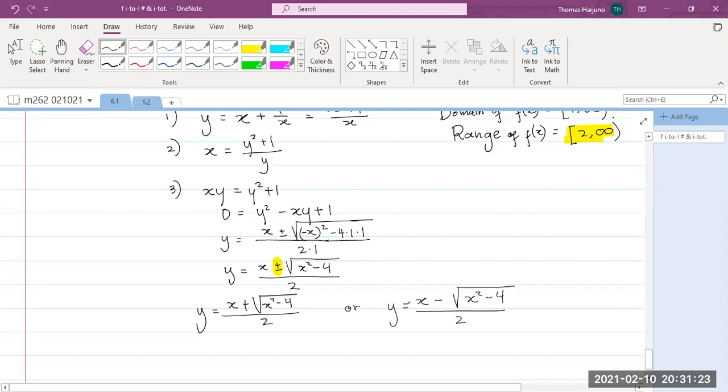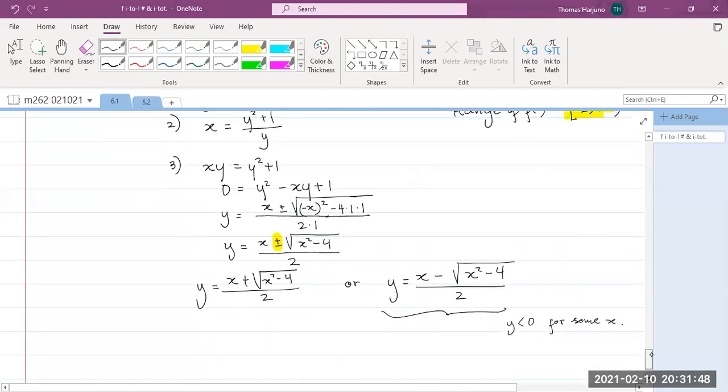Now the thing is, if you use this one, there is a chance that y is negative for some x. Does it make sense? Okay, but the thing is, our domain is from 1 to infinity.